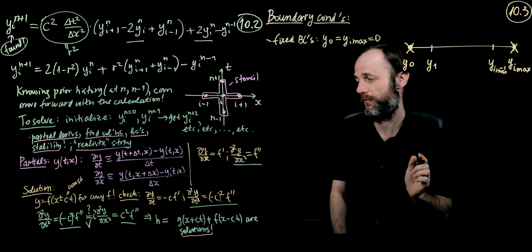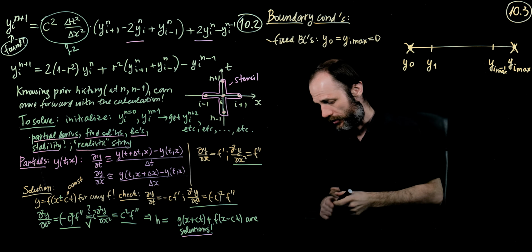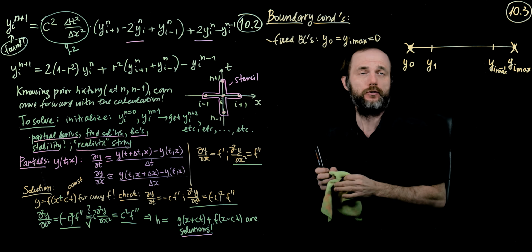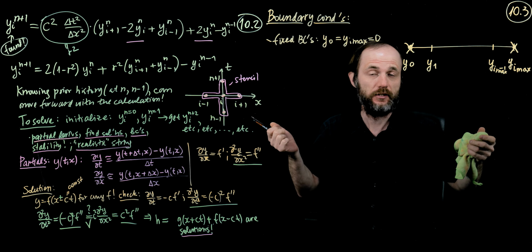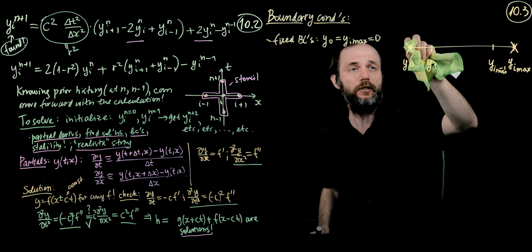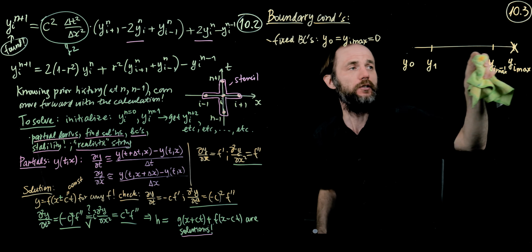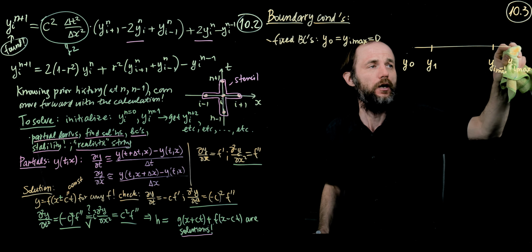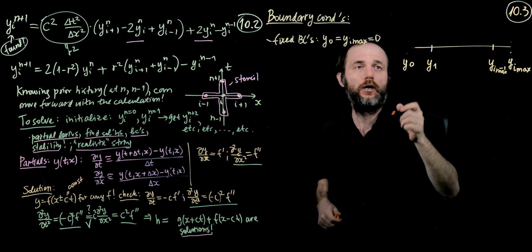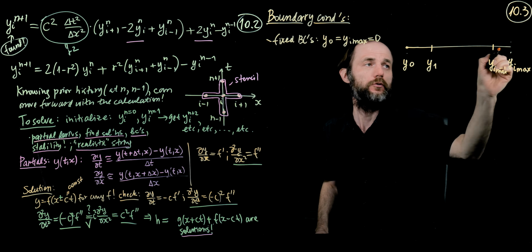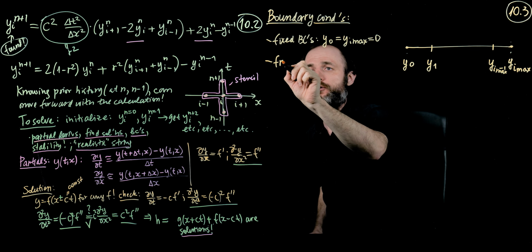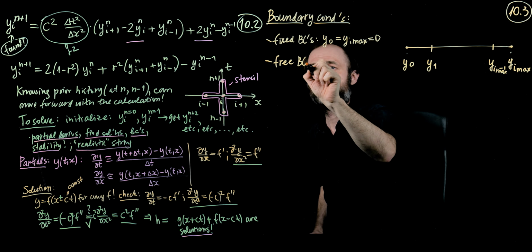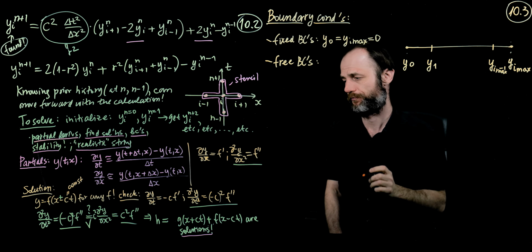They don't move anywhere. But now there could be also another situation when we would like to let the ends move up and down freely. So in this case, they're not going to be fixed, and they're going to be able to do whatever they want. And that is called the free boundary conditions.